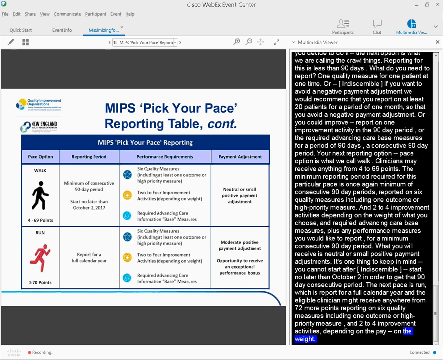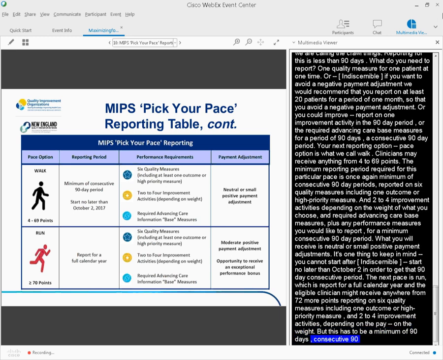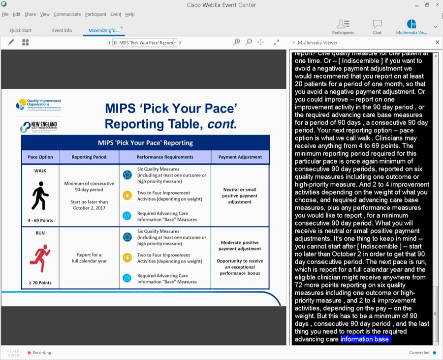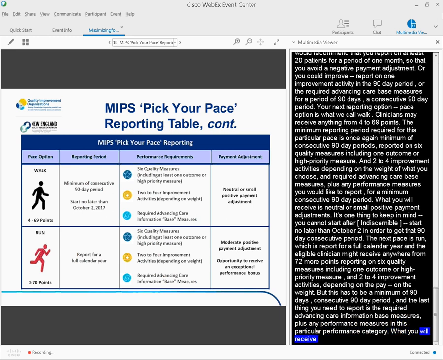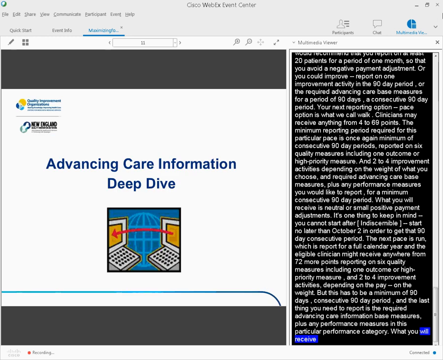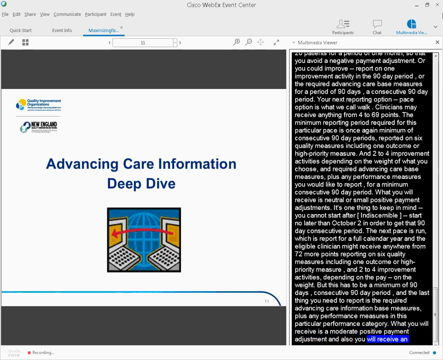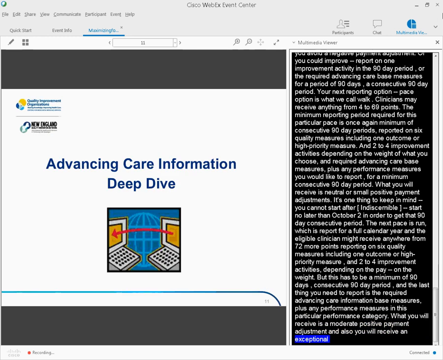And the last thing you need to report is required advancing care information-based measures plus any performance measures in this particular performance category. What you will receive is a moderate positive payment adjustment and also an opportunity to receive an exceptional performance bonus. Next, we will be deep diving into advancing care information, and I'll hand over the baton to Leila.